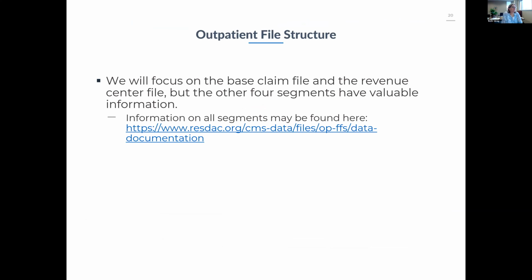The structure: we're going to focus on two parts of the structure, the base claim and the revenue center file, but the other four segments have valuable information. Often, if you want to know why a hospital got paid what it got paid, or what were the extenuating circumstances associated with that hospitalization, those four segments can become very valuable.